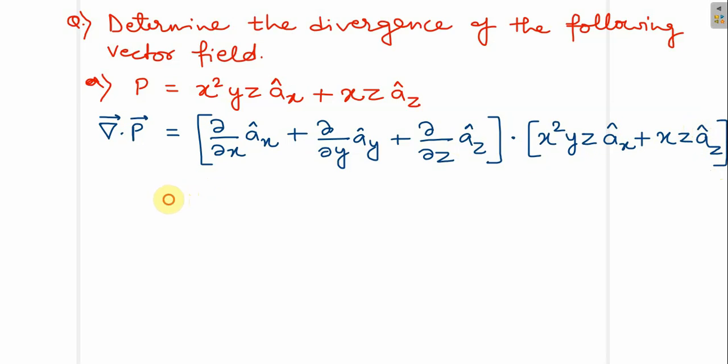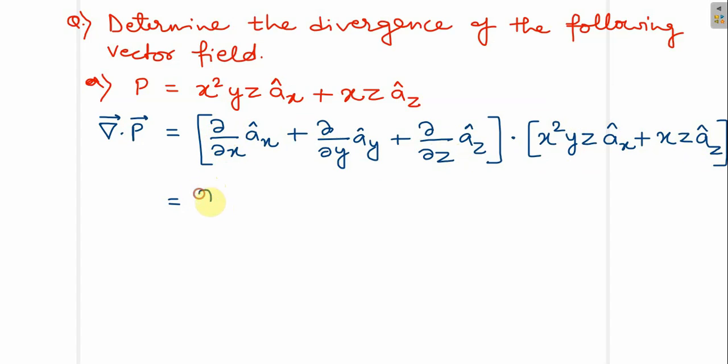Now in this vector field P we have only the ax and az components, ay is not there, so obviously that will be 0. So it is del x of this part and del z of this xz.